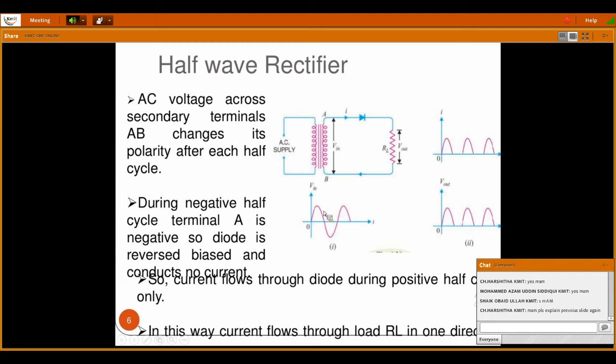Now during positive half cycle, see the diagram, input waveform. Generally a sine wave is taken as an AC input. So during positive half cycle, what happens?